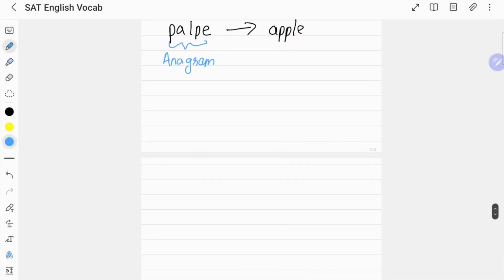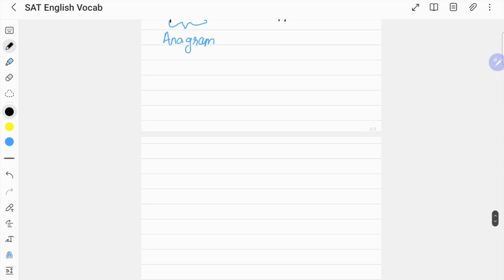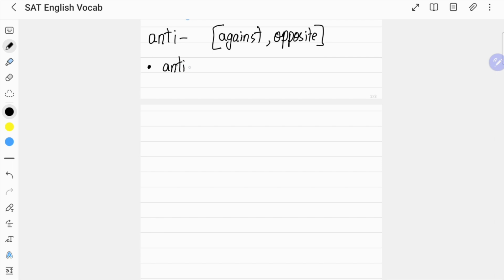Alright, so the next root word is a very common and easy one, anti. So this normally means against or opposite. Anti-cancer. So here anti, I'll underline it.